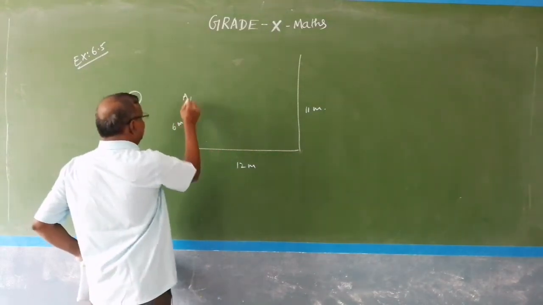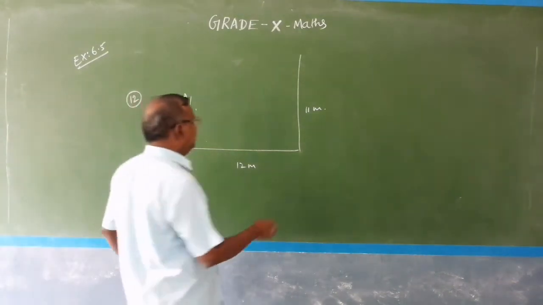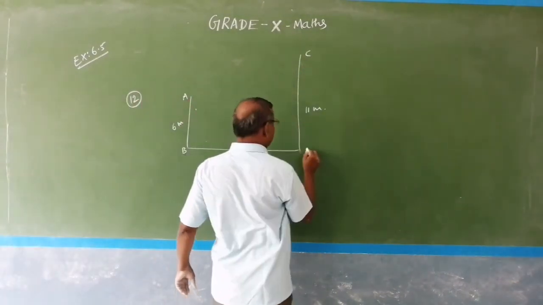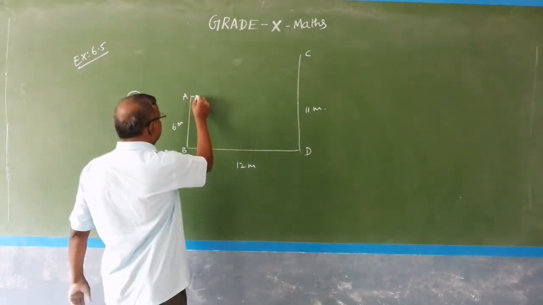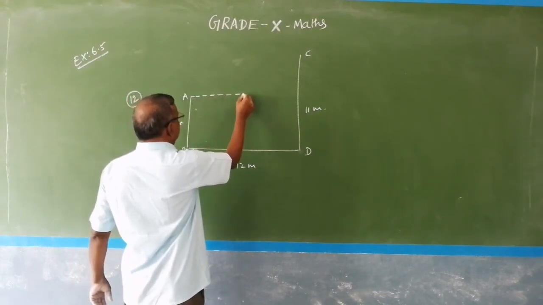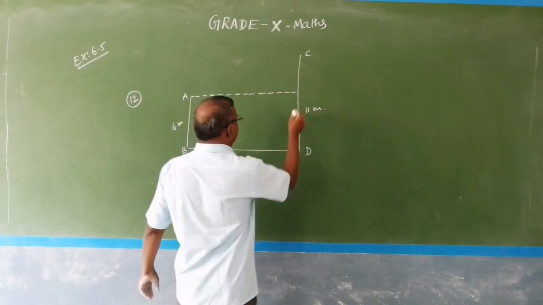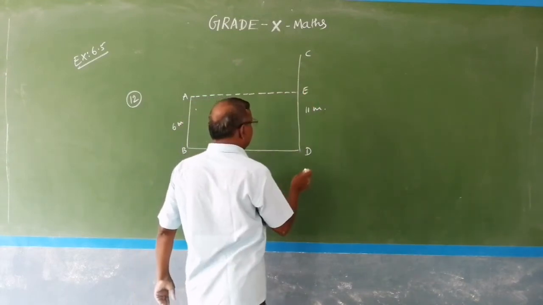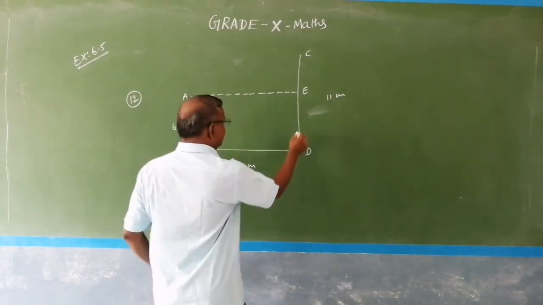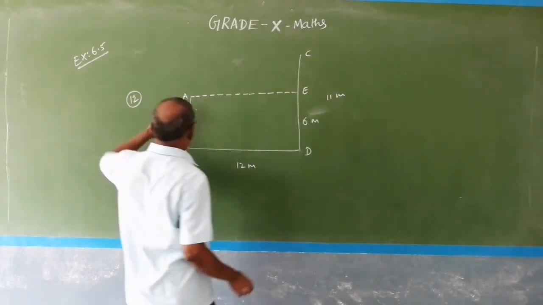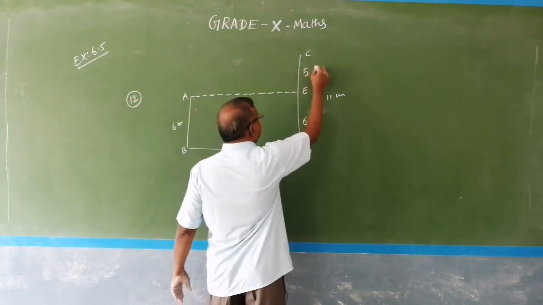So let AB be the first pole and CD be the second pole. Now draw a horizontal line from A to DC, so let it meet at E. Clearly DE equal to 6 meter, and the remaining part CE equal to 5 meter.